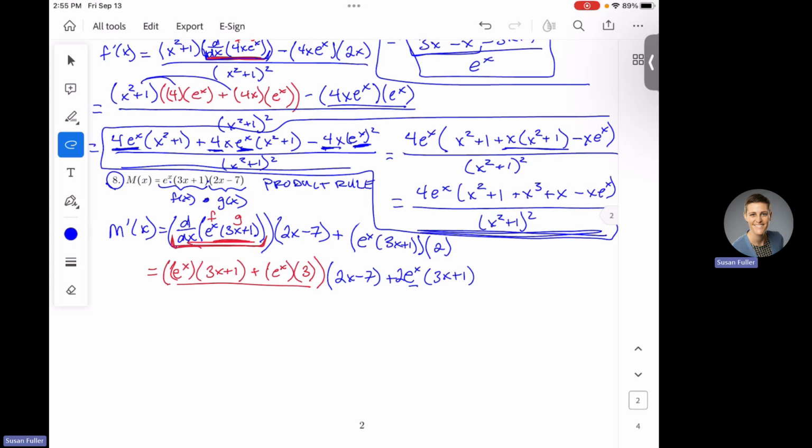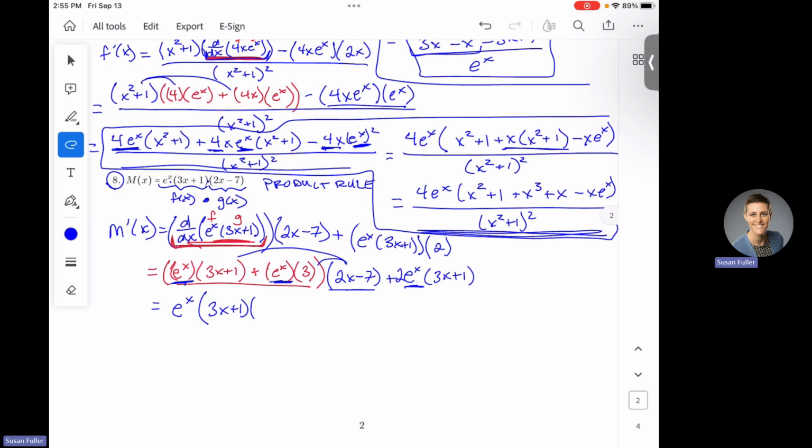Again, I see that an e to the x will come out of everything. So I'm going to make my life a little bit easier and take that e to the x out of everything. And at the same time, this is going to distribute to each of these. So when I take an e to the x out, I'm going to have a 3x plus 1.